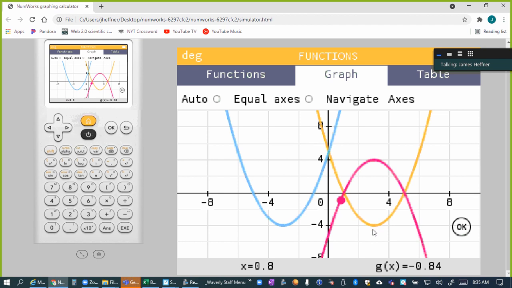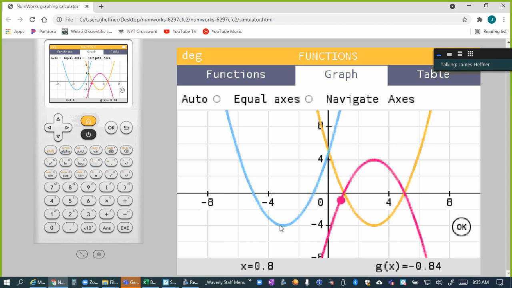So x was positive 3 here, and we put the negative inside the parentheses with the x, and now what is that x? Now it's negative 3. It was positive 3. Now it's negative 3. So to go from an x of positive to an x of negative, you've got to flip it over the y-axis, to the other side of the y-axis. So when you change the sign of your x, you're going to the other side of the y-axis. Does that make sense?